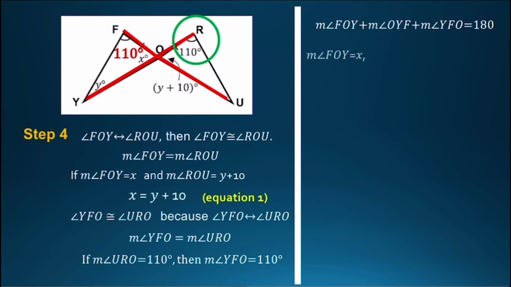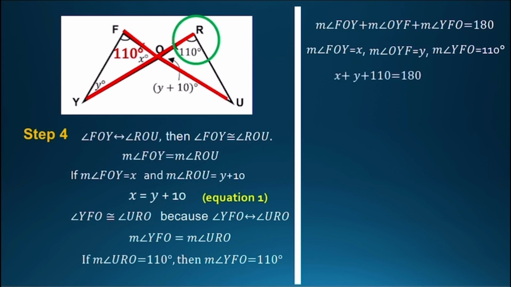Recall that angle FOY is equal to x, angle OYF is equal to y, and angle YFO is equal to 110 degrees. Substituting the value of each angle, we have x plus y plus 110 is equal to 180. Therefore, this will be our second equation.